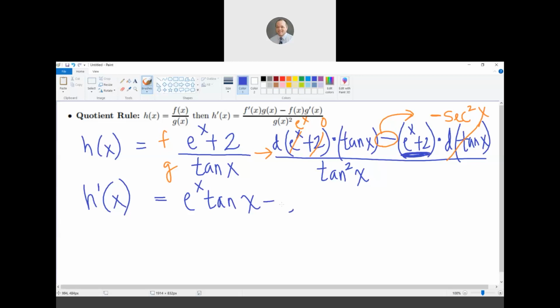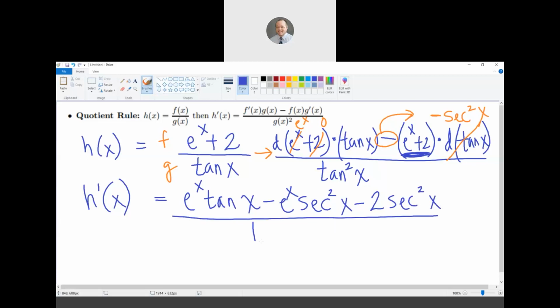So that will give us negative e to the x secant squared x minus 2 secant squared x. And that's all over your denominator. And you can leave this as is. You don't have to substitute any formulas or change anything.